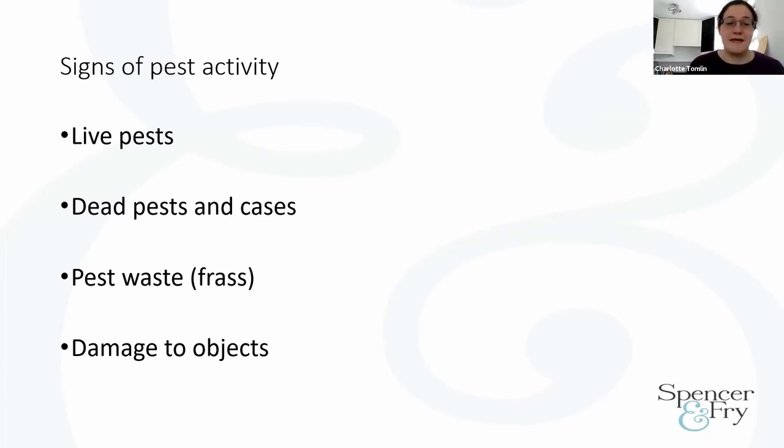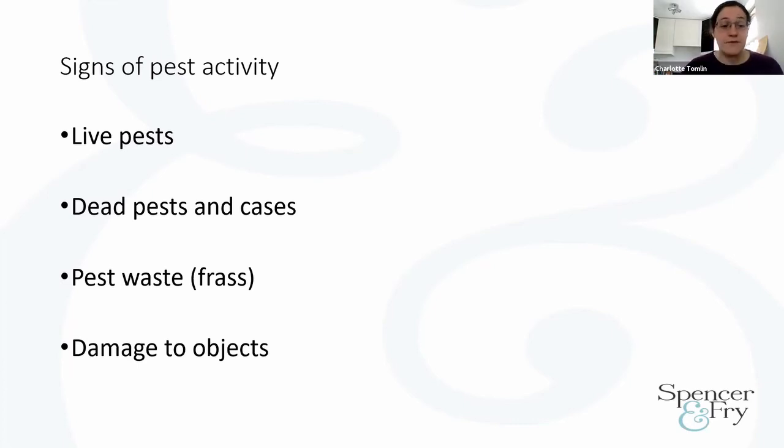So if you notice any live pests, particularly any beetles near windows that are attracted to light, or moths flying around. Also dead pests and cases. If things have been eating the collection, then you might find dead pests nearby, or the woolly bear cases that I was talking about.